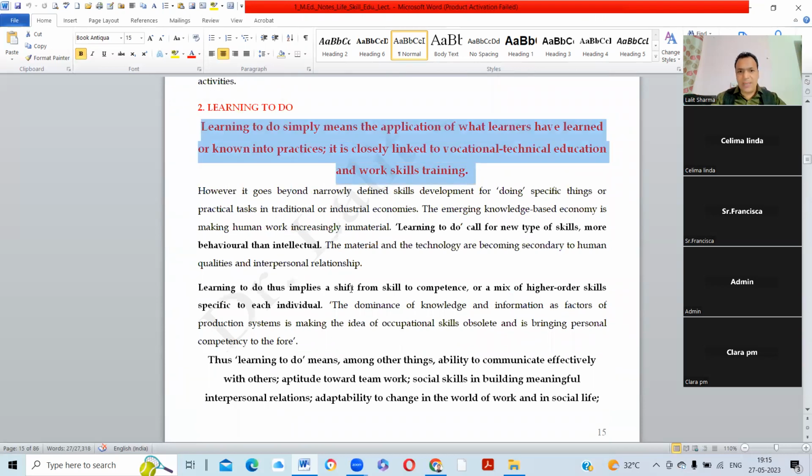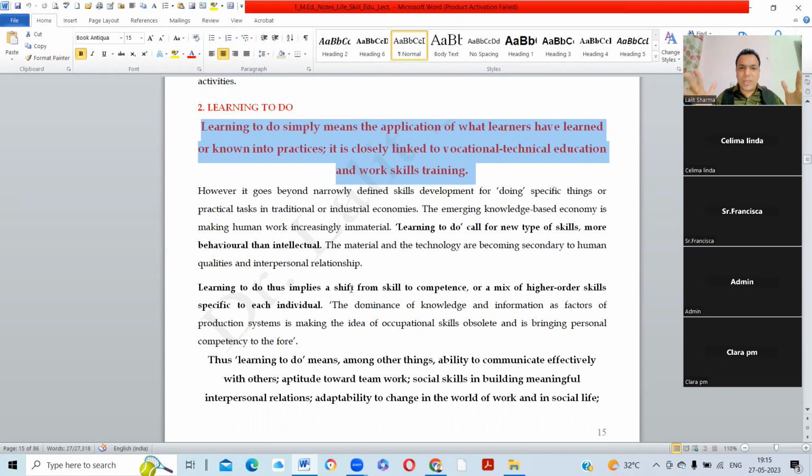Learning to do simply means the application of what learners have learned or known into practice. It is closely linked to vocational technical education and work skills training. This is important, which I was just discussing. Now what is the meaning of learning to do?